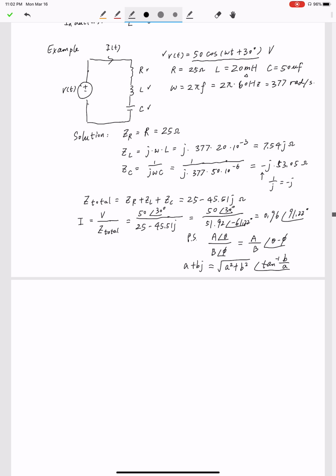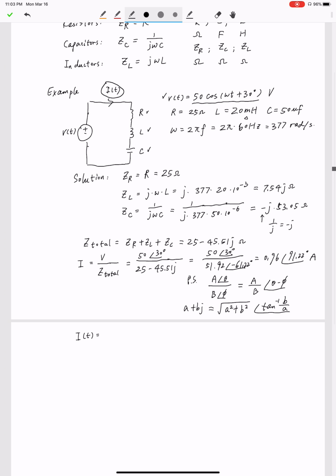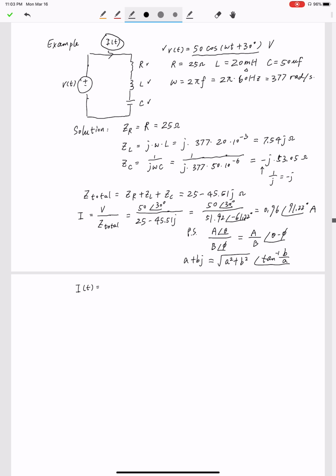All right, so after we have this current value, the unit is amp, but this is not a time domain function, right? Because we want to find the result of i(t), which is a time domain function. So i(t) can be obtained by using the inverse transformation from the phasor to the cosine function, to the time domain function, using the magnitude information, 0.96 cosine.